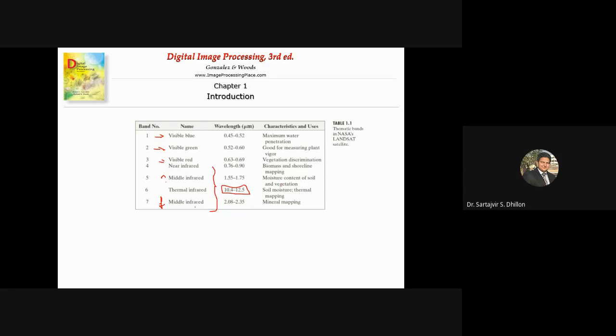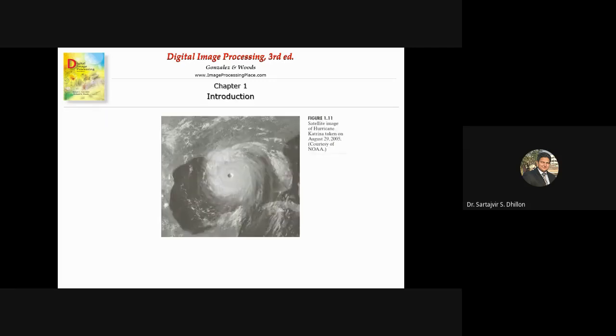So these are some applications where we can use digital image processing in the field of remote sensing. And yes, it is also used for the detection or prediction of natural hazards.